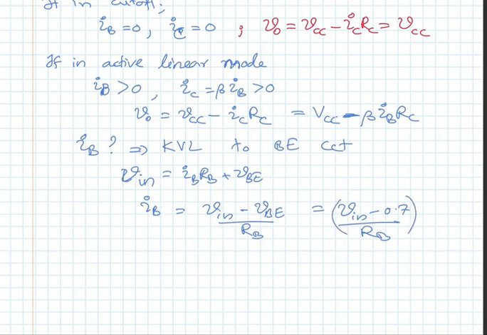But of course IB cannot be negative across the VBE junction, which means anytime V in is less than 0.7, my diode will be in cutoff, which means when V in is less than 0.7, my output will be VCC.